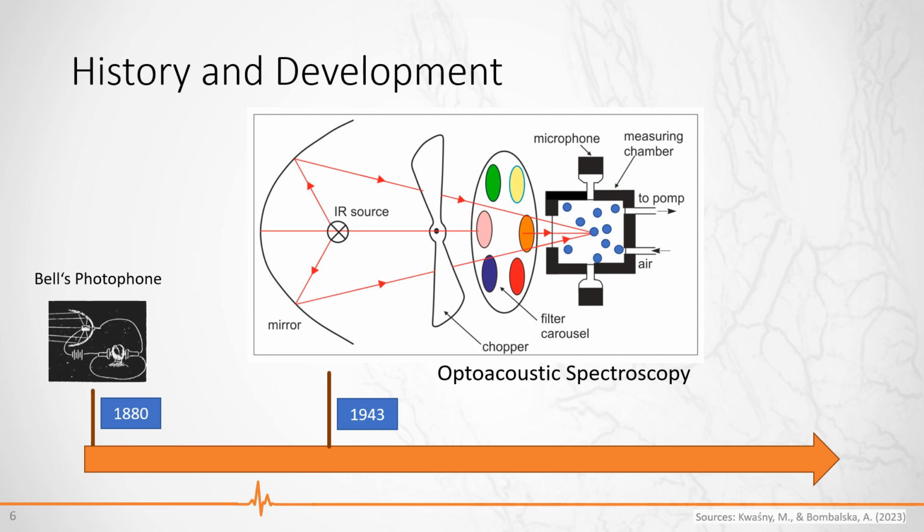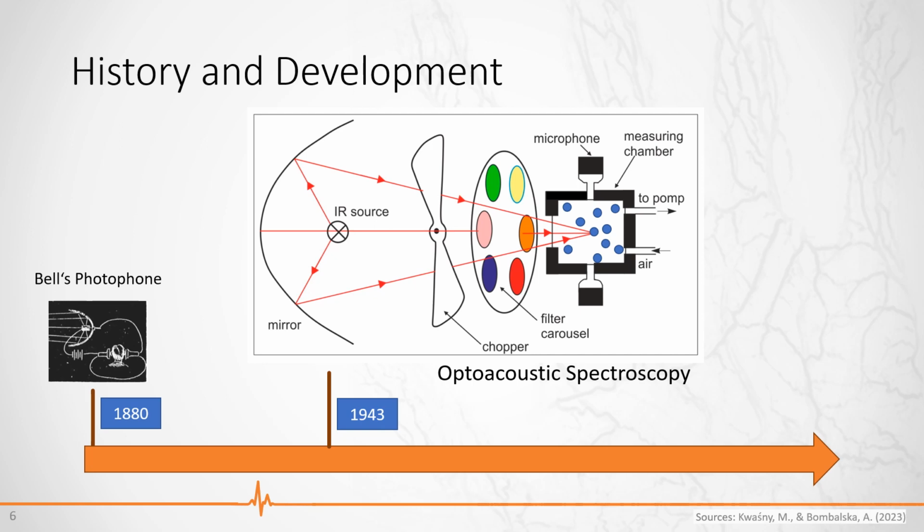If the gas in question is able to absorb this wavelength, it heats up abruptly, sending a pressure wave to the microphone. Then we can derive from the average intensity of the signal how much this wavelength contributes to the absorption spectrum of the gas.